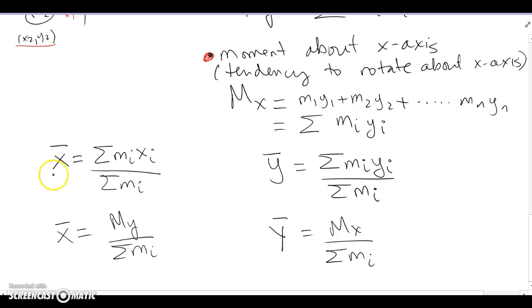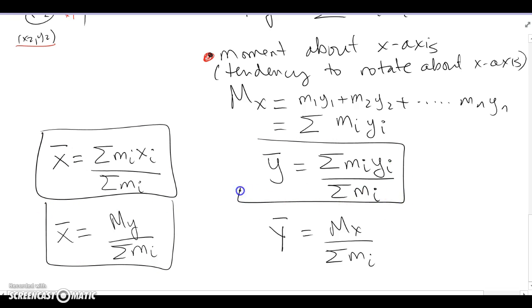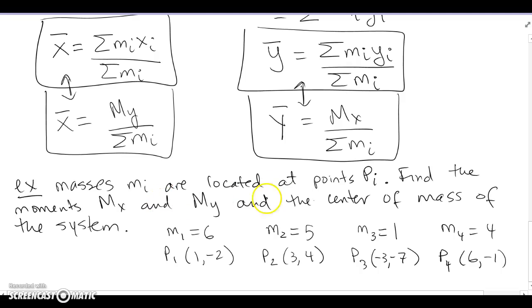So we have our x bar and y bar, which are comparable, the same. Notice, don't confuse this. x bar has the moment in y above it, and y bar has the moment in x above it. So let's look at an example.